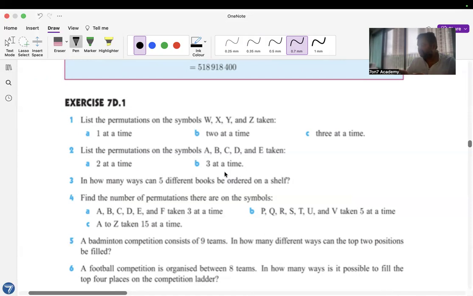Arranging will not differ. If you select two and arrange, then every time it gets multiplied by 2 factorial. All are different, agreed. With 3 you write the same way. List the permutations of symbols A, B, C, D, and E.